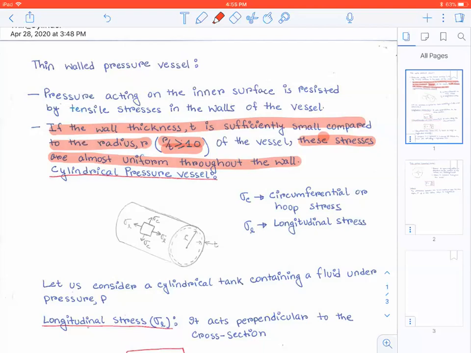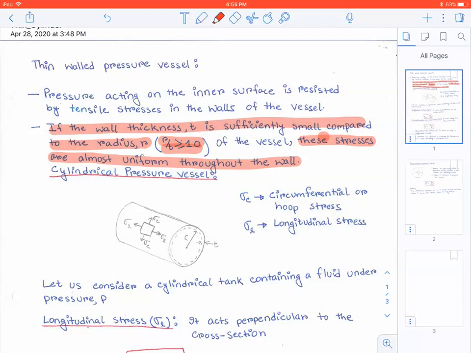Usually in pressure vessels like that, you're going to have some fluid, it can be liquid or gas, inside the pressure vessel. The fluid is going to exert some pressure on the inner surface of the vessel, and that will create tensile stresses in the walls of the vessel.